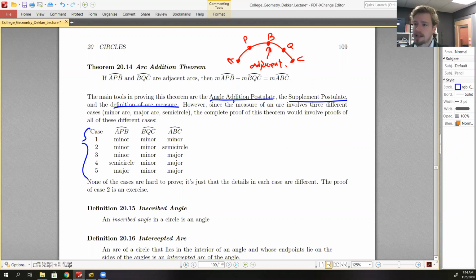It works out very nicely because when we have adjacent arcs, we have adjacent angles that we can refer to for that measurement. And in the homework, you are only asked to take a look at case number 2. The others we're not going to worry about.